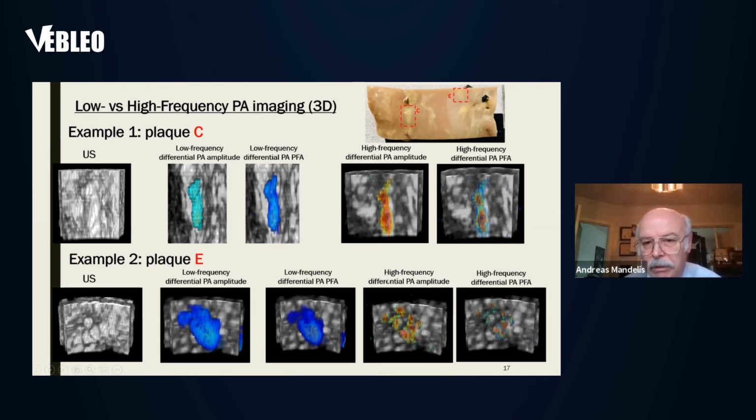On the other hand, once you go to the high frequency, you see much more detail on the differential amplitude and even more detail on the phase, where you can see the true regions that are full of lipid, and they're surrounded by other regions that have lower amounts of lipid than the full region.